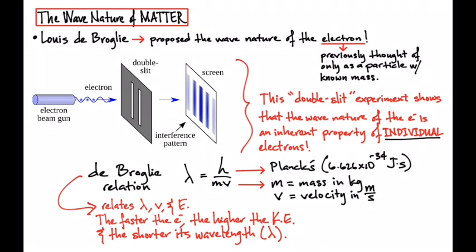Let me say that again. The faster the electron, the higher the kinetic energy of the electron, and so the shorter the wavelength of that electron, because the mass remains constant. And the mass of an electron is equivalent to 9.11 times 10 to the negative 31 kilograms.